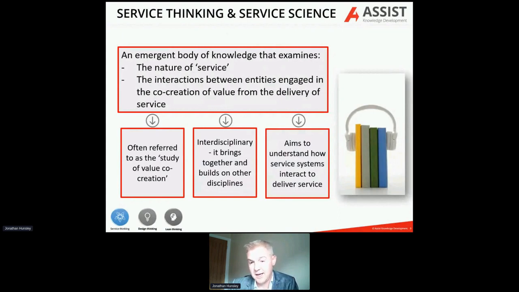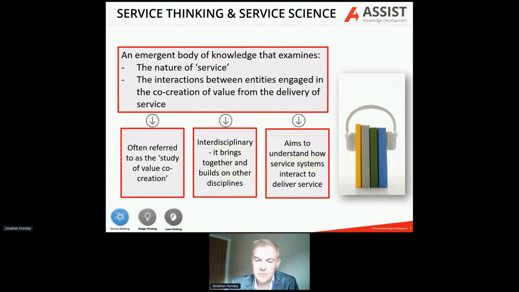So if we looked at a music ecosystem, we've got lots of different entities in that ecosystem: musicians, record labels, streaming services, technology providers, perhaps the provider of your phone, the headphone provider, for example, the power companies that we're using to charge up our phone. So it's all these different entities interacting with us and with each other in order to offer value for you, the recipient, the person that's listening to the music on your headphones. And this is the study of that ecosystem.